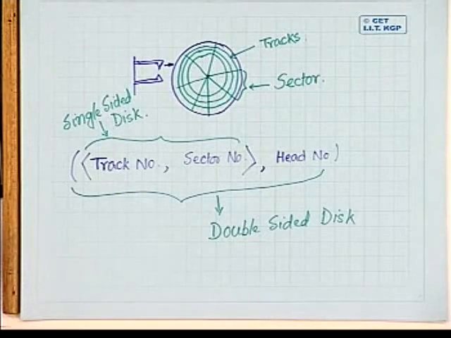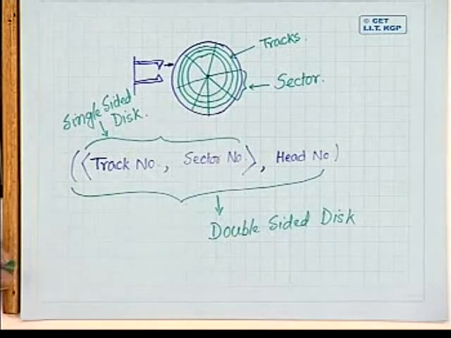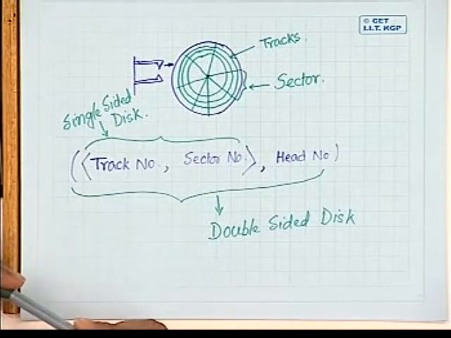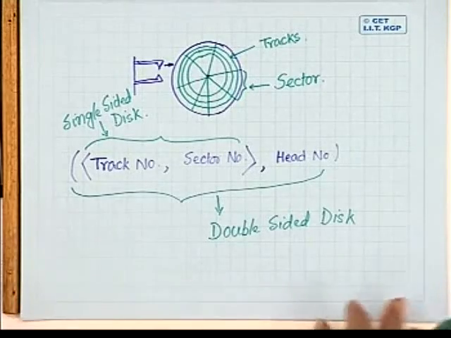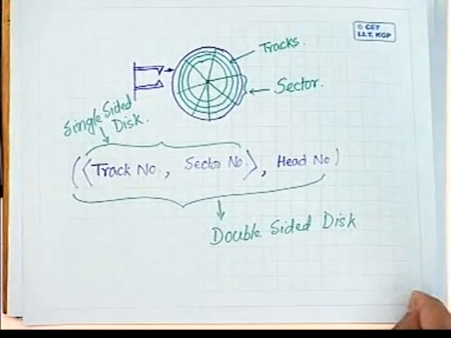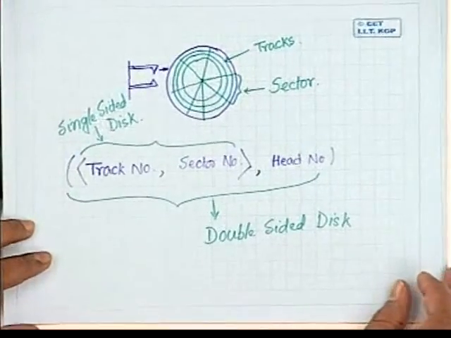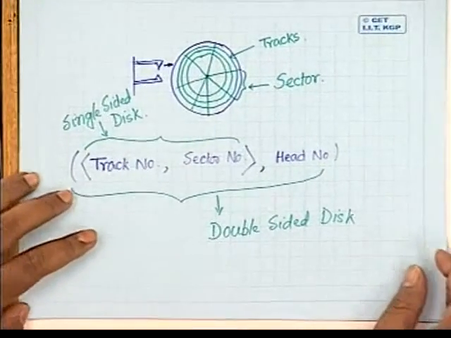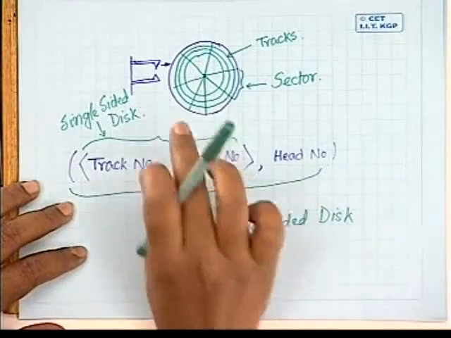Okay. So this is the situation for a floppy disk. Now, what is the case for a magnetic disk or hard disk that we have in the computer system? A hard disk is nothing but a number of such single disks, which are stacked together.